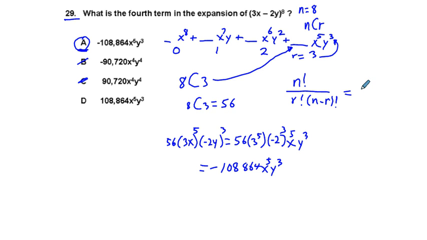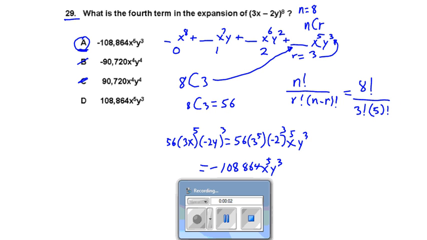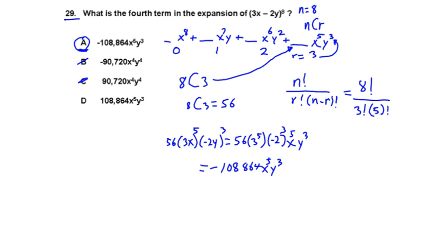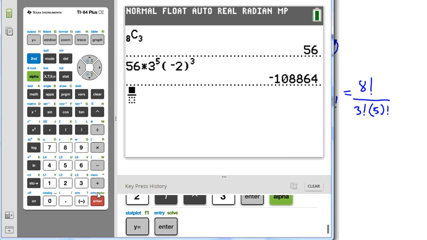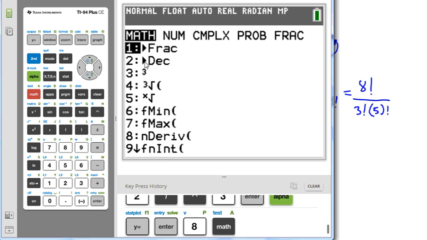That's going to be 8 factorial over r, which is 3 factorial, times n minus r, which is 5 factorial. So in our calculator, we can find it here. We have n factorial, which is 8. And for that, we go to Math.